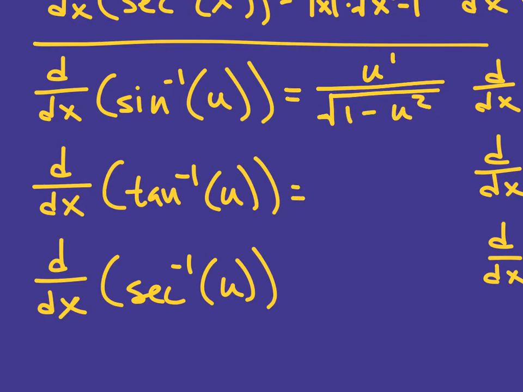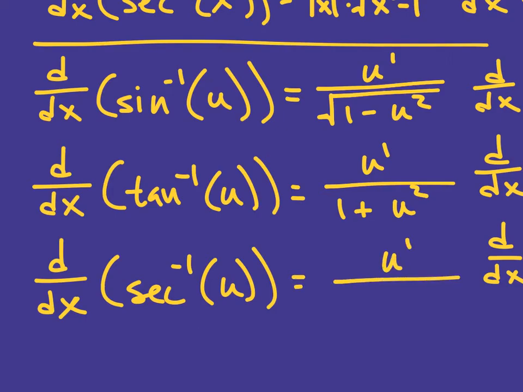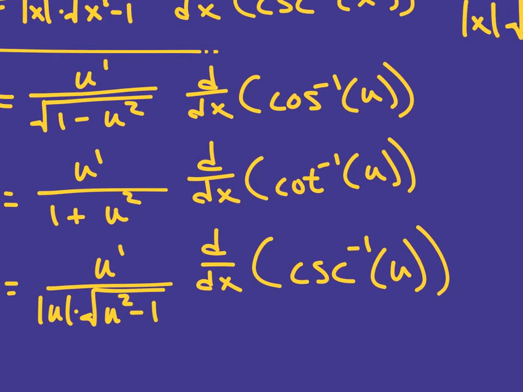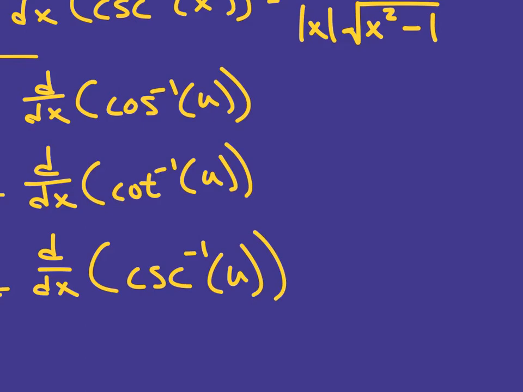Inverse tangent is going to be u prime over 1 plus u squared. Secant inverse is going to be u prime over the absolute value of u times the square root of u squared minus 1. Now going back to my cofunctions, same thing, they're just going to be negative.